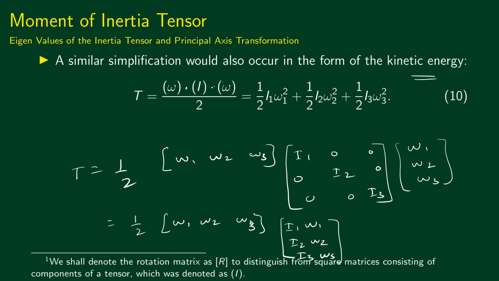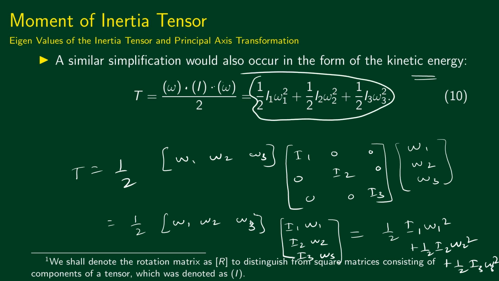You could carry out the multiplication again. This becomes half I1 omega 1 square plus half I2 omega 2 square plus half I3 omega 3 square. So the kinetic energy has a simple form now, where I1, I2, I3 are the eigenvalues of the moment of inertia tensor.